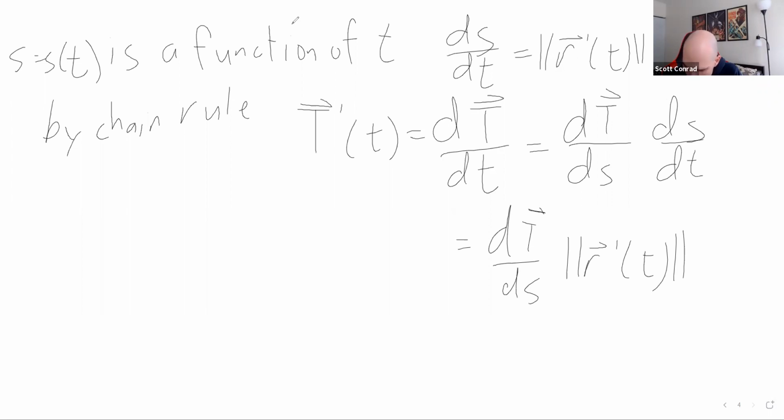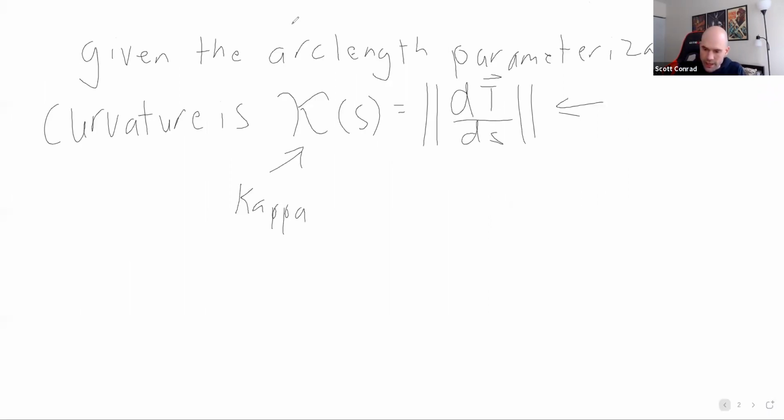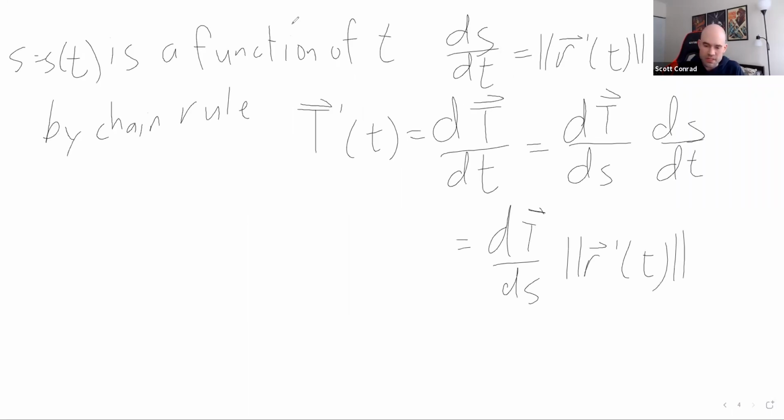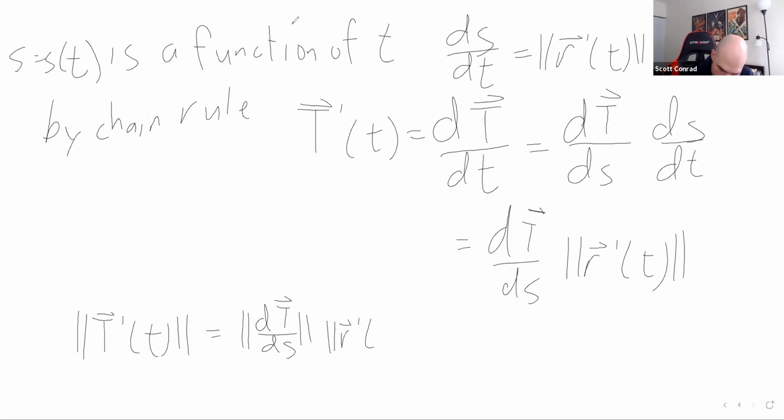Okay, so we don't quite have curvature yet, because we know curvature is the magnitude of dT/ds. But if we take the magnitude of both sides, the magnitude of T prime of t is equal to the magnitude of dT/ds times the magnitude of r prime of t. That's a number already.